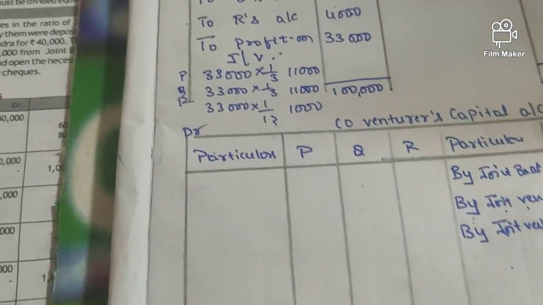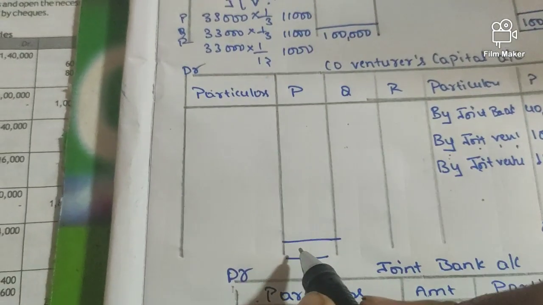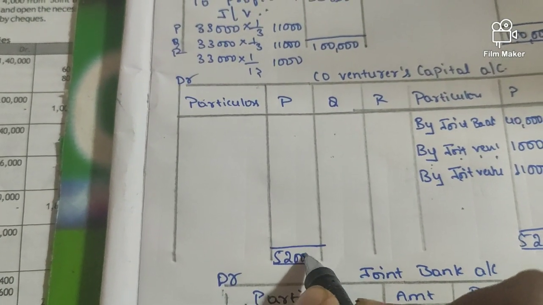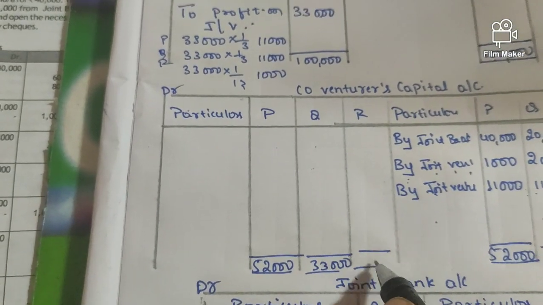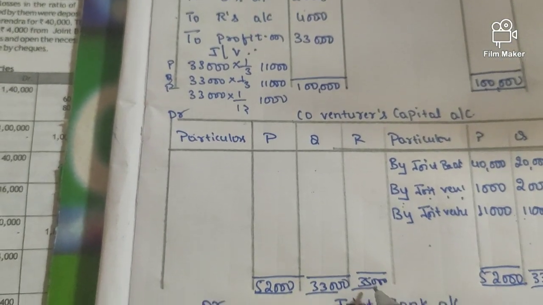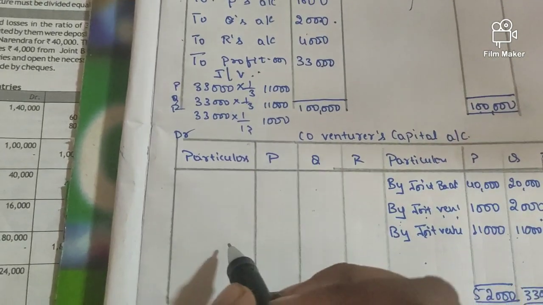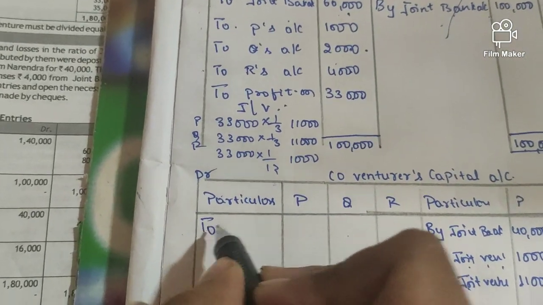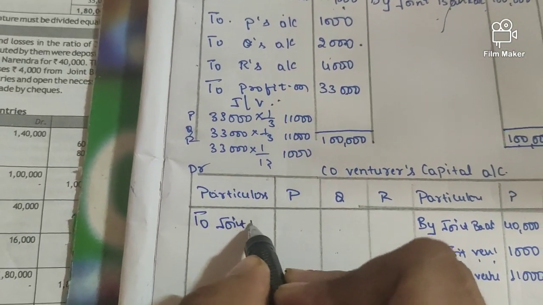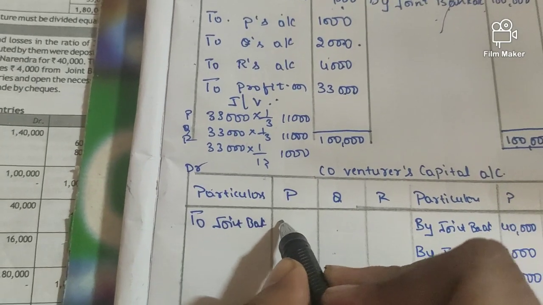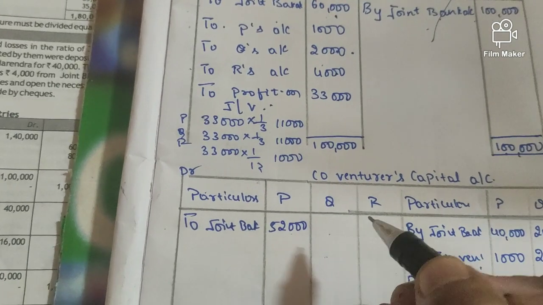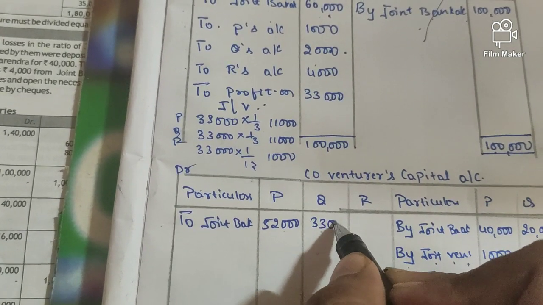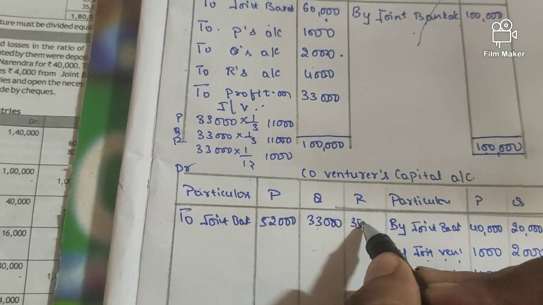Same amount we will carry here, that is 52,000, 33,000 and 35,000. We don't have any entry here. The same amount will be transferred to the joint bank account. So to joint bank account, how much is it? P 52,000, Q 33,000 and R 35,000.